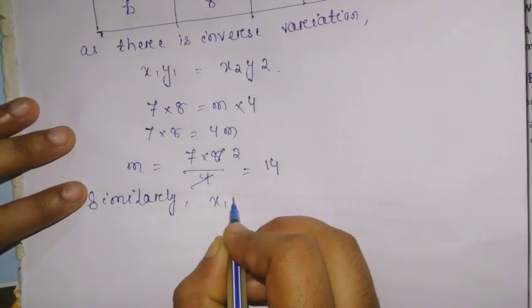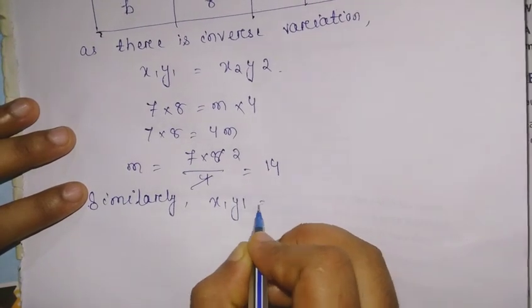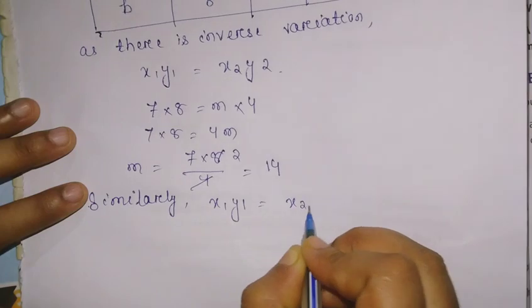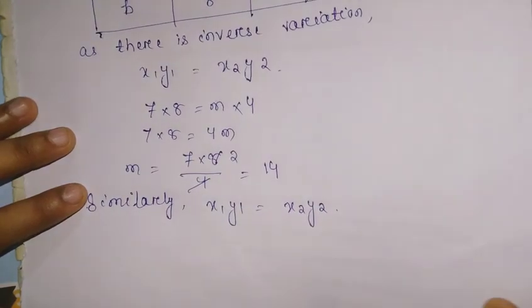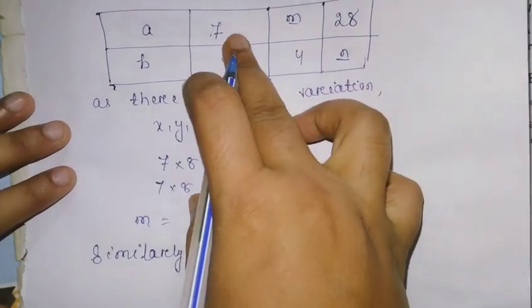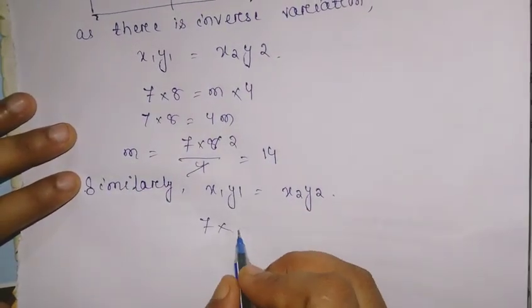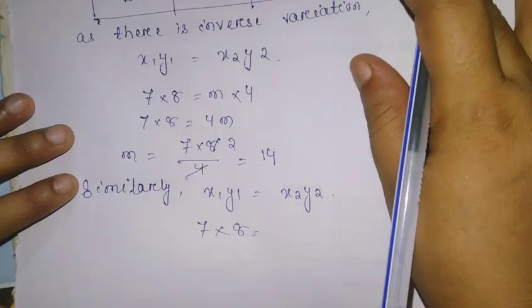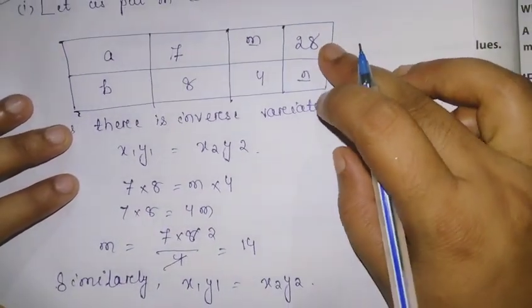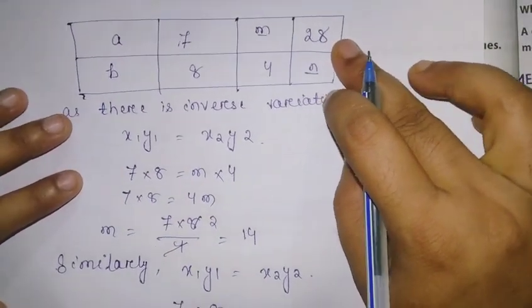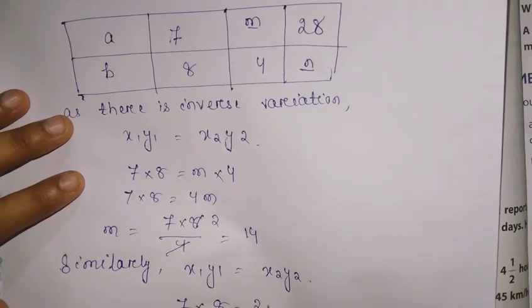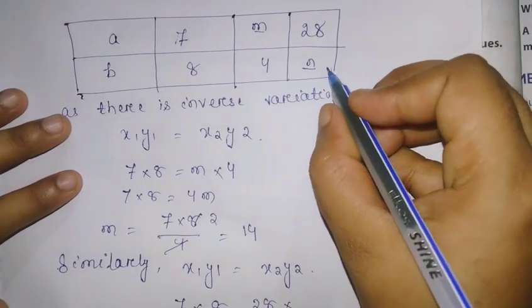x1 into y1, then x2 into y2. x1 is 7 into y1 is 8. Then x2 is 28 and y2 is n.